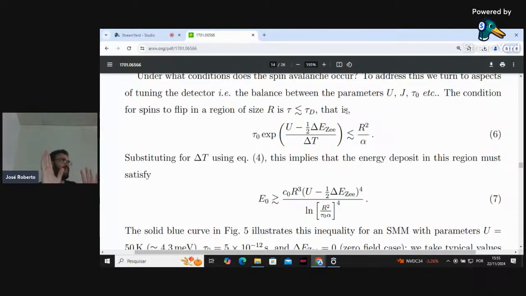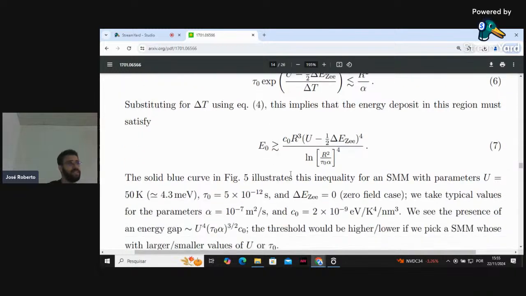That's the main idea. You put this condition here and you find the threshold energy. The threshold energy depends on the size of the molecule, the crystal, the Zeeman energy, and on this tau naught, which is a characteristic of the material. It's something they get from experiments.